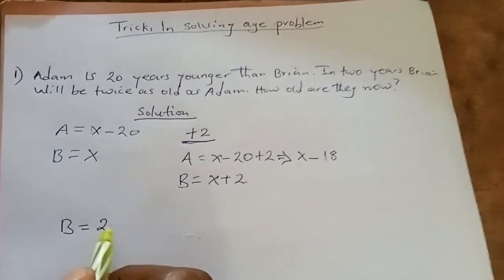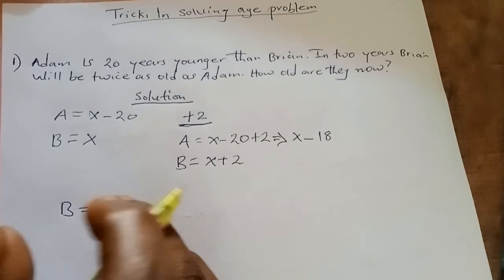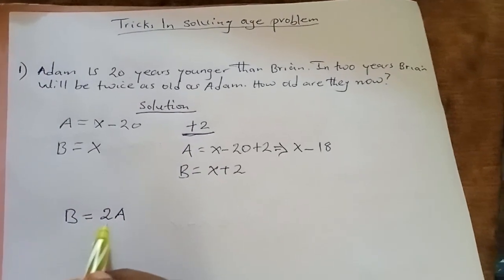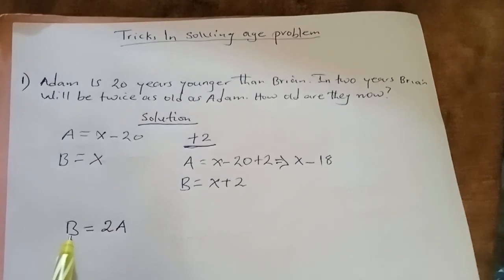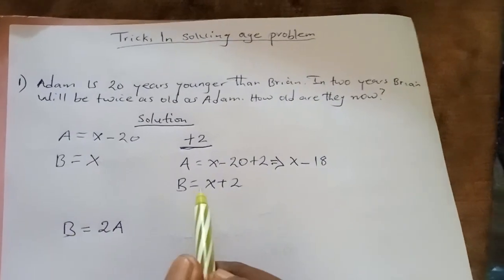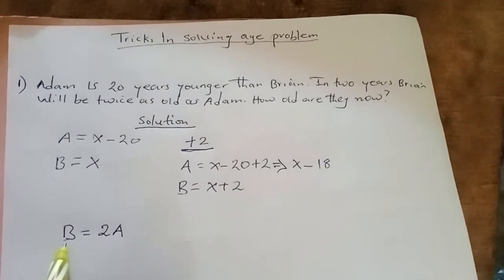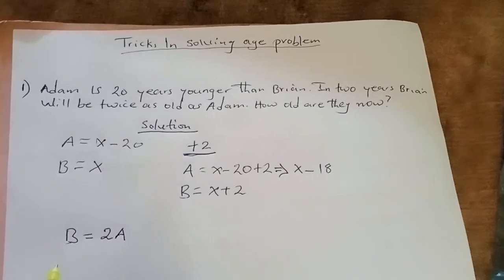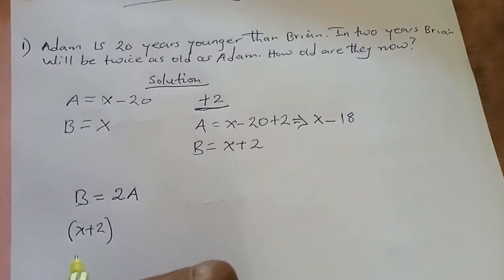So it will be twice as old as Adam. You see the equation? It's very unique. We already have Brian's age in 2 years time, we only substitute them. So the equation for Brian in 2 years will be x plus 2, right?